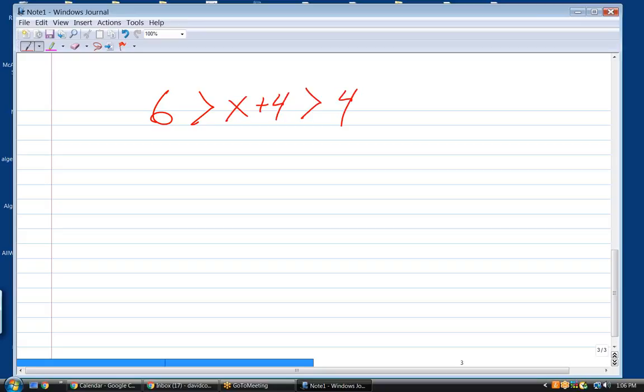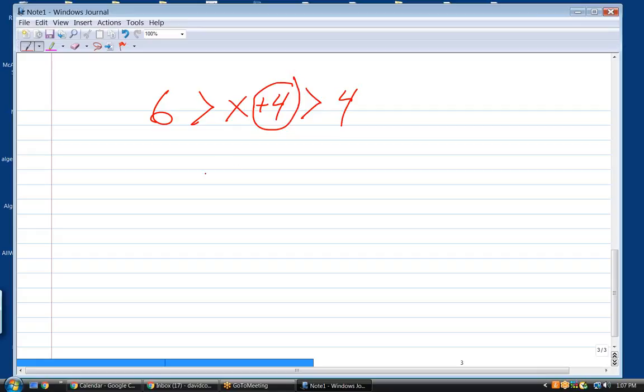I don't know. Divided by 4? Well, not divided by. Remember, you have to do the opposite of what that 4 is. We're talking about this 4 right here, okay? Yeah. We want to get rid of it.